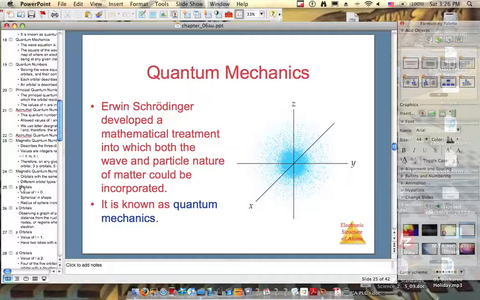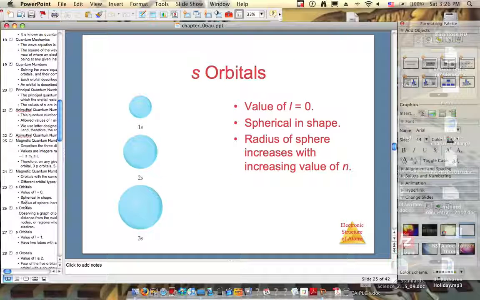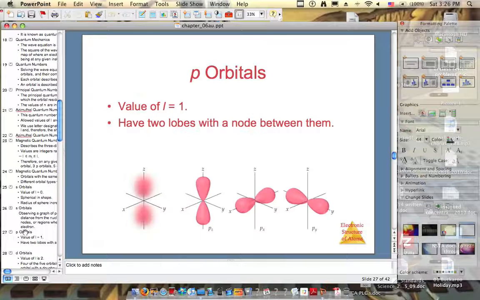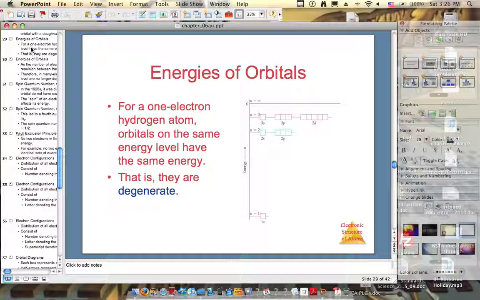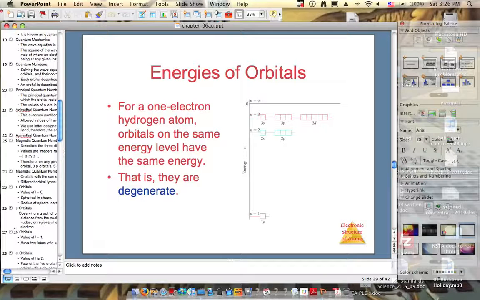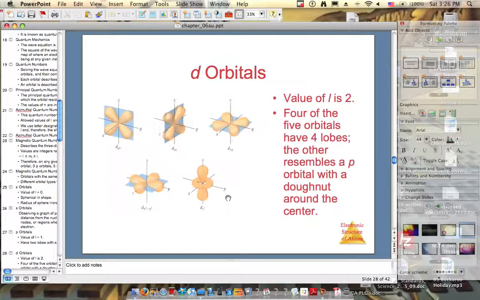There was an s orbital that looked like a sphere. There were p orbitals that looked like dumbbell-shaped critters with 3 different orientations. And then there were d orbitals. Whoops, I think I missed the d orbitals up here. The d orbitals had flower petal shapes, and remember there were 5 of those orientations.